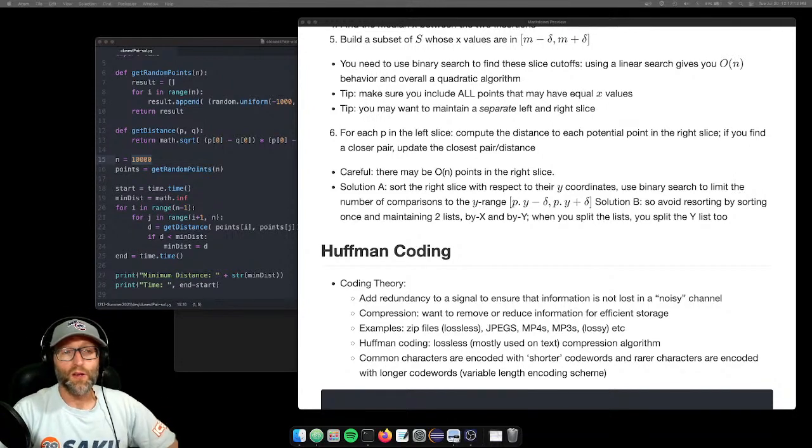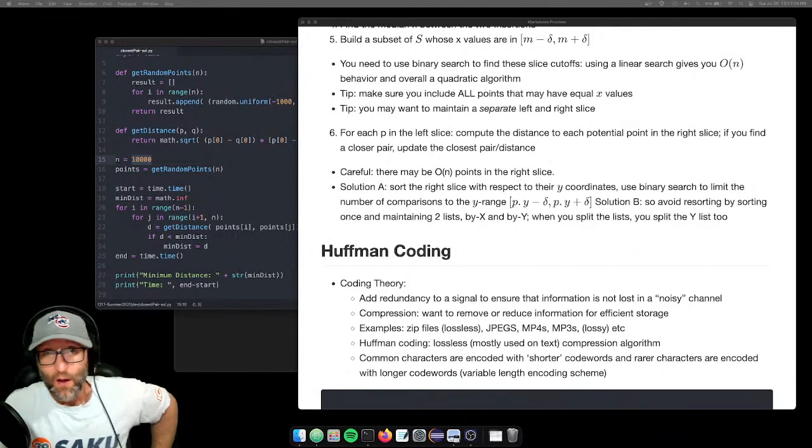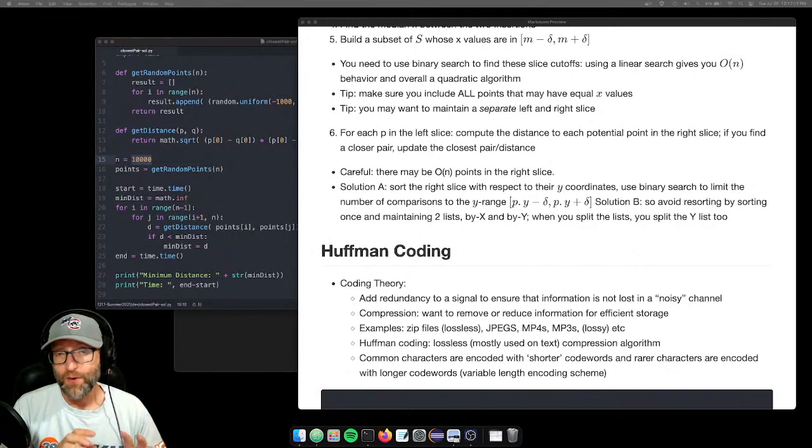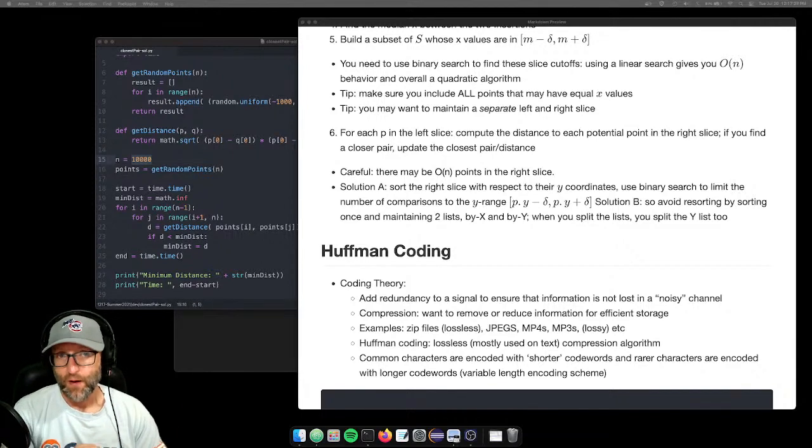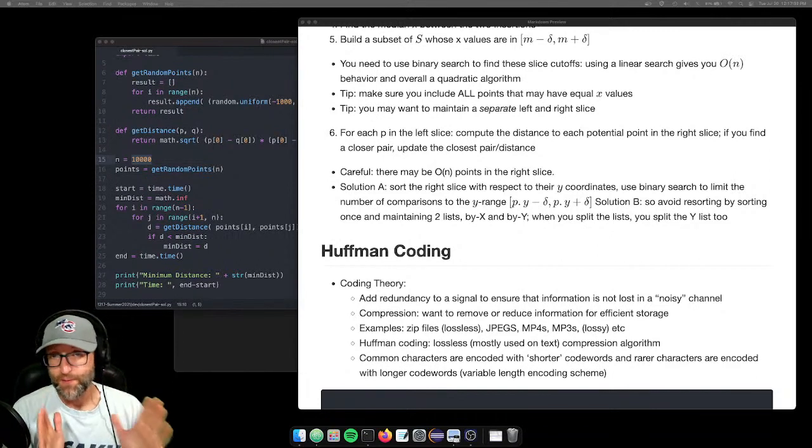So with an encoding scheme like ASCII, every single letter is represented by, well, technically 7, but we'll go with the normal 8 bits. Z is 8 bits. A is 8 bits. Why do it like that? That's a fixed block encoding scheme where everything takes the same amount of information.